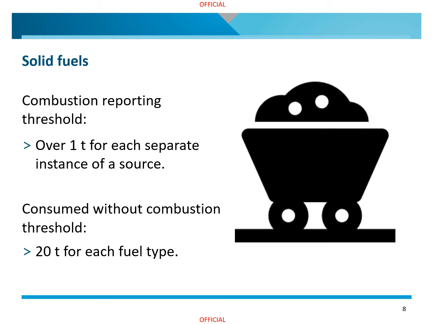For example, a facility consumed without combustion 10 tons of brown coal to generate coal briquettes, and consumed without combustion another 15 tons of brown coal to generate coal tar. The total of 25 tons of brown coal consumed without combustion must be reported because it exceeds the 20-ton threshold.